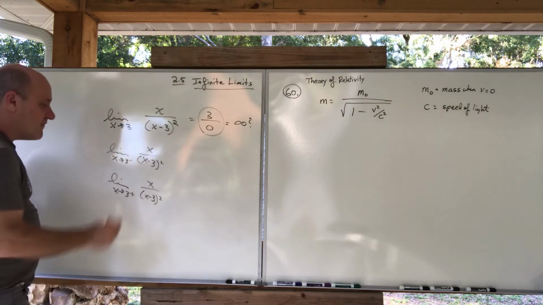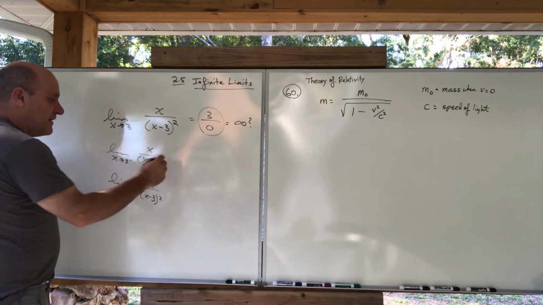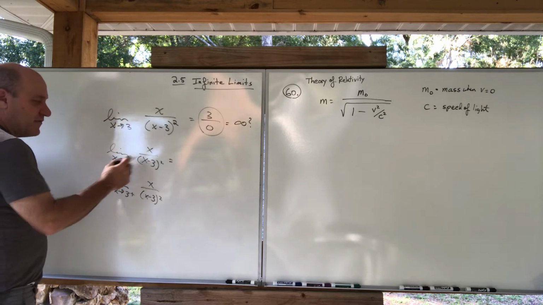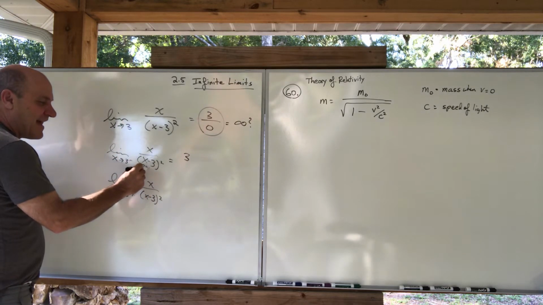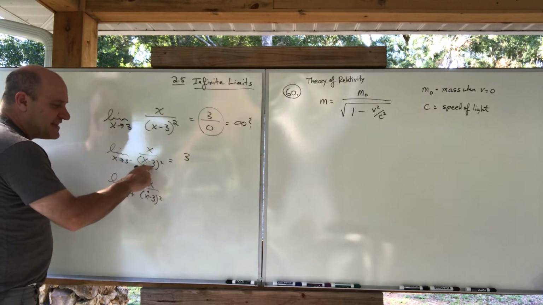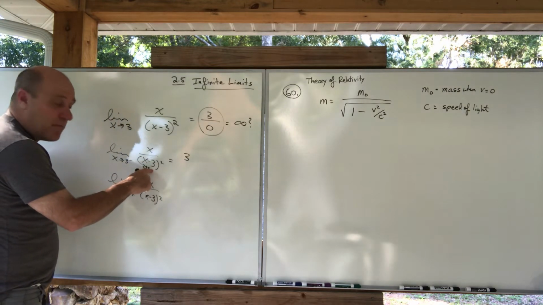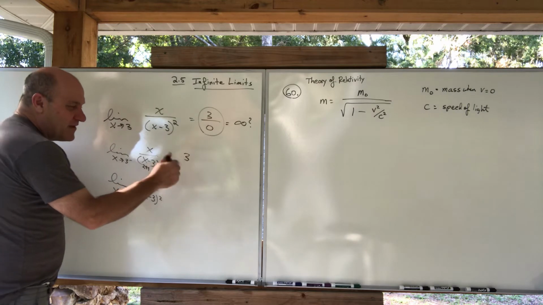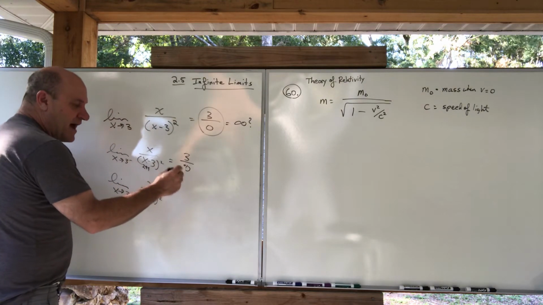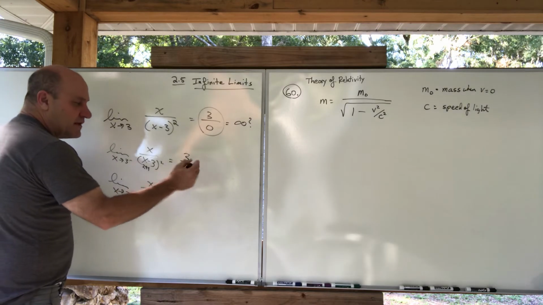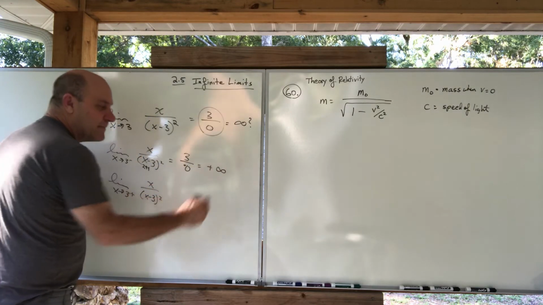Let's try it. If I approach 3 from the left, it's still a positive 3 in the numerator, but I'm at like 2.99. When I subtract 3, I'm a teeny little negative number, but then I square it, so I'm a teeny little positive number. So that's a positive little number going into 3. The answer is positive infinity.